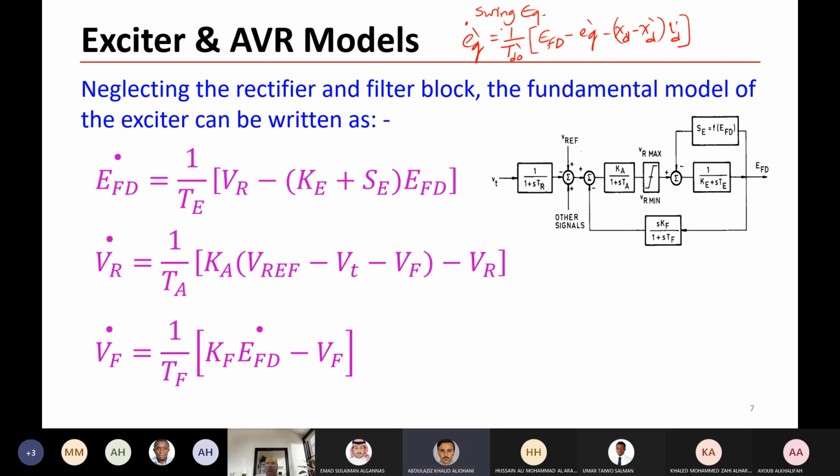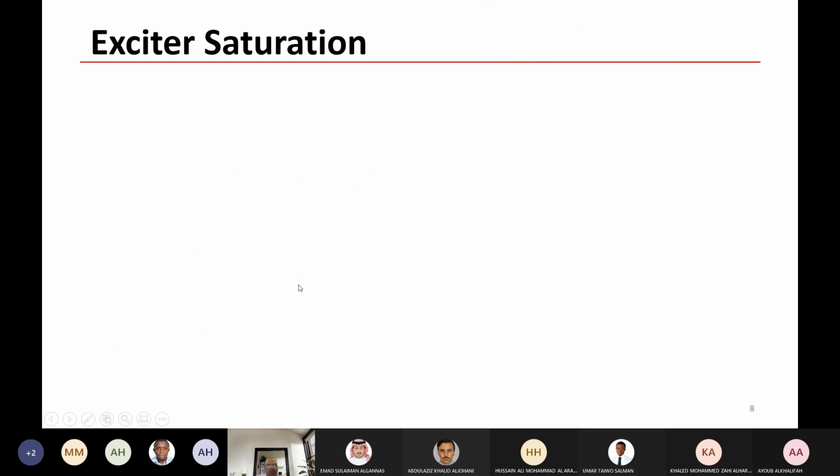So this is EQ prime dot, and this is EFD dot. EFD depends on VR, and VR dot depends on VF, and VF dot is given as here. So of course, EFD dot can be replaced by this value, so you can have the third order model of the excitation system.